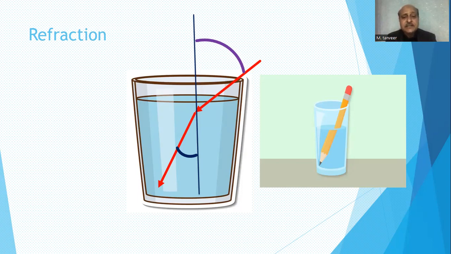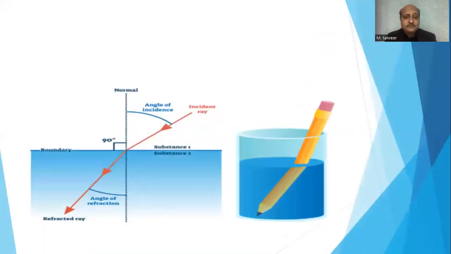Since this ray is bending towards the normal, the angle of refraction is small and the angle of incidence is large. This is the reason why the pencil appears to be bending when it is put in water. Angle of incidence and refraction are not equal.